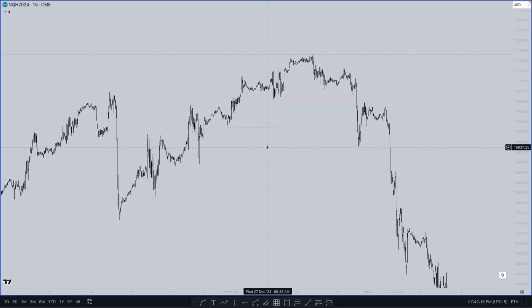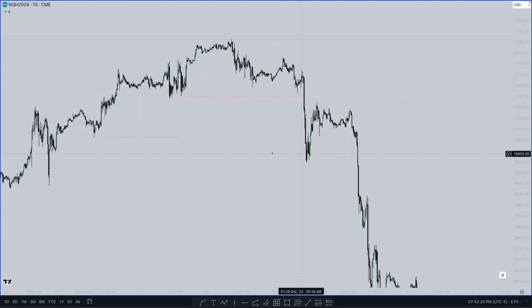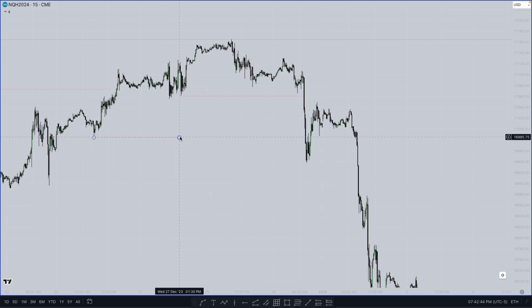Okay, so what happens? You snap through it, and then you break through this low, and then you test into this right here. But then, okay, so you have all that. You have this low that was taken.